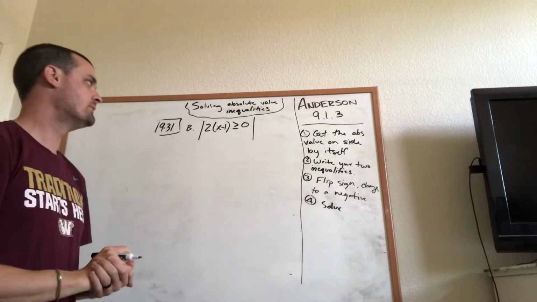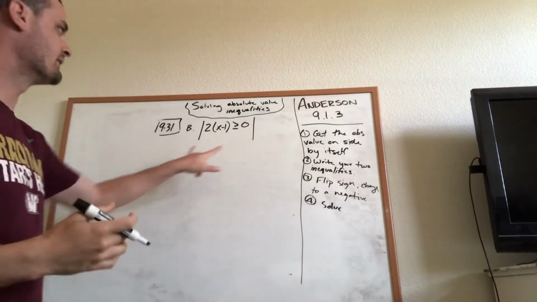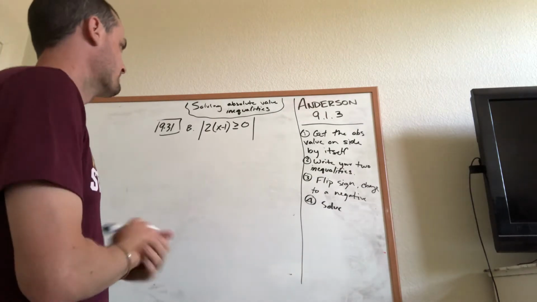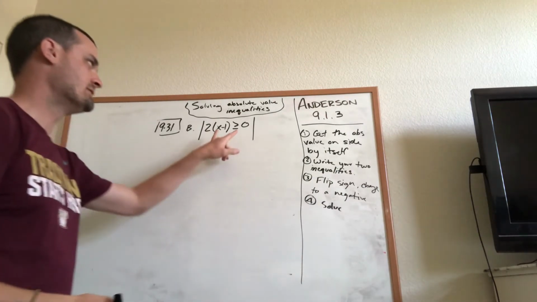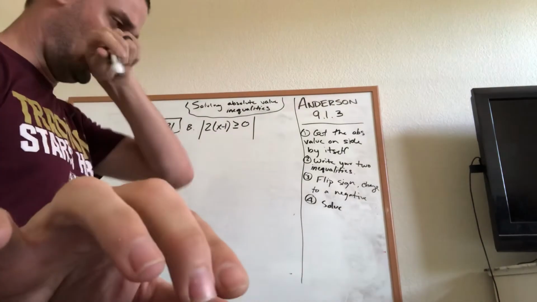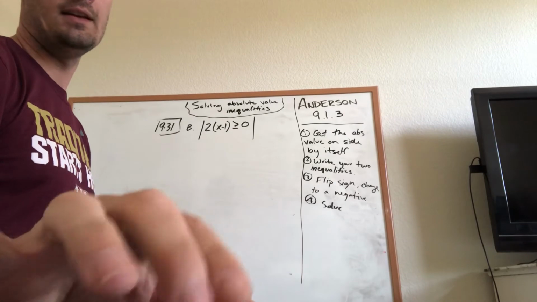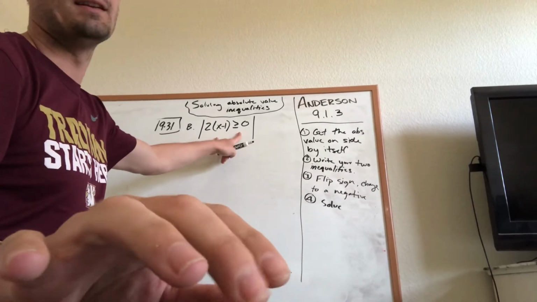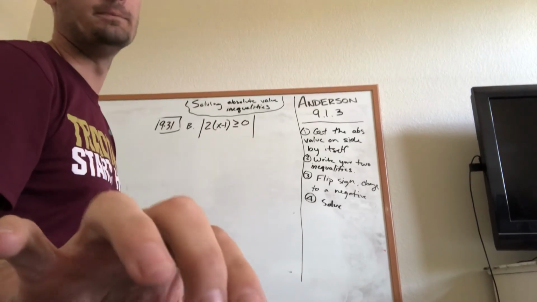Alright, so this is awkward because the absolute value is over everything, and so it's always going to be positive. If you take a look at the inside right here, we want a number that's going to be greater than or equal to 0.